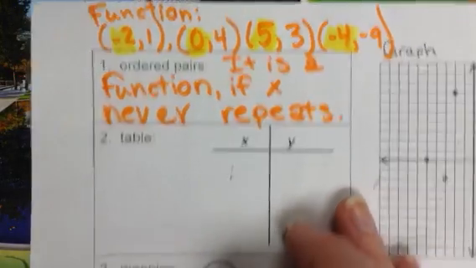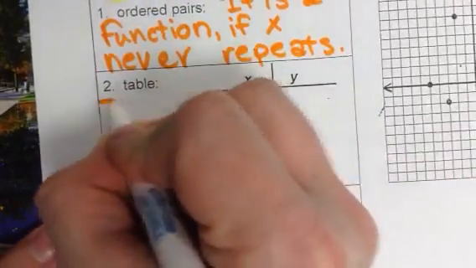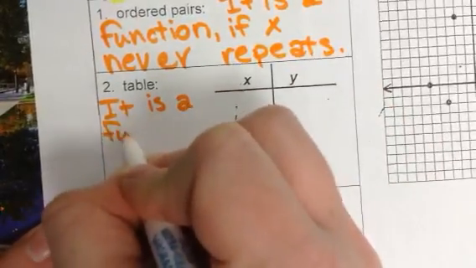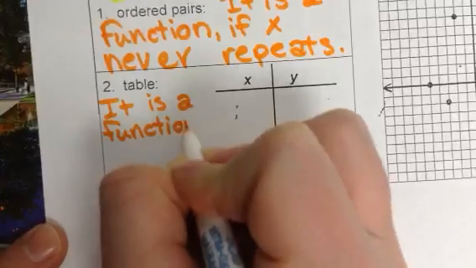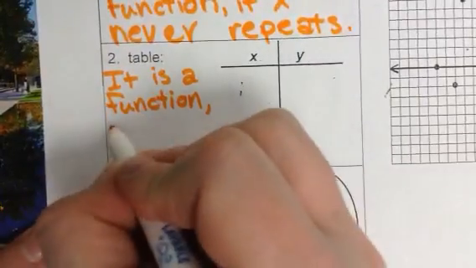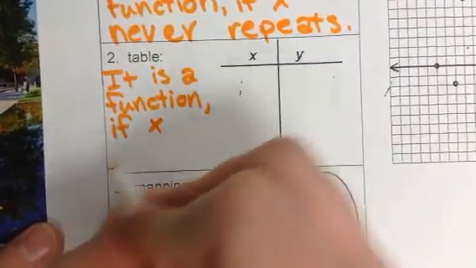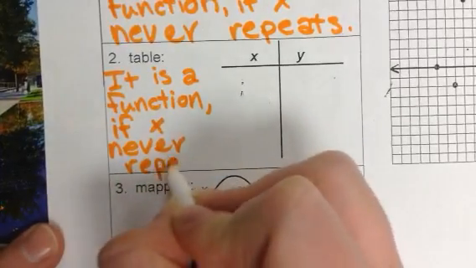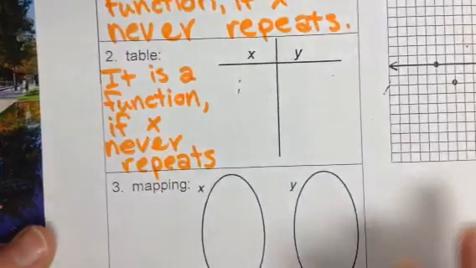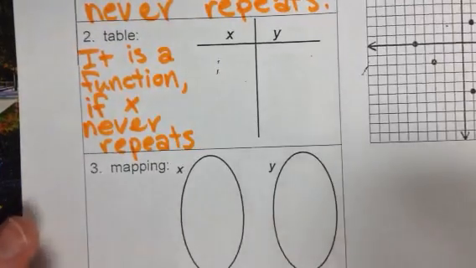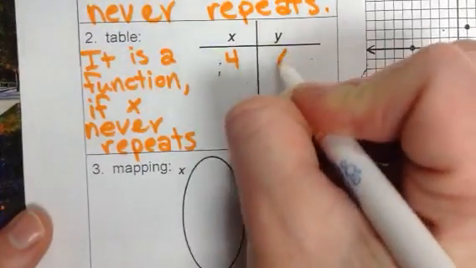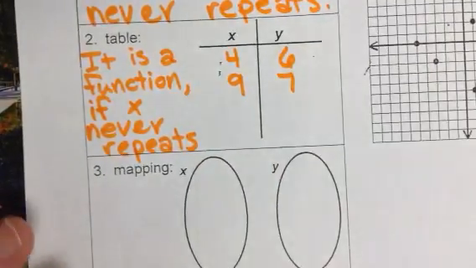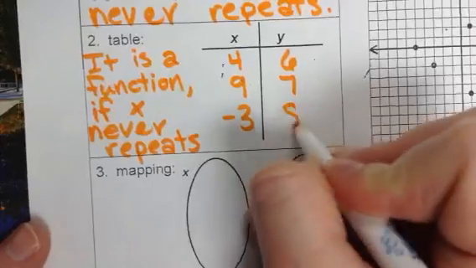For a table, it is a function if x never repeats. So the example says 4, 6, 9, 7, -3, 8.